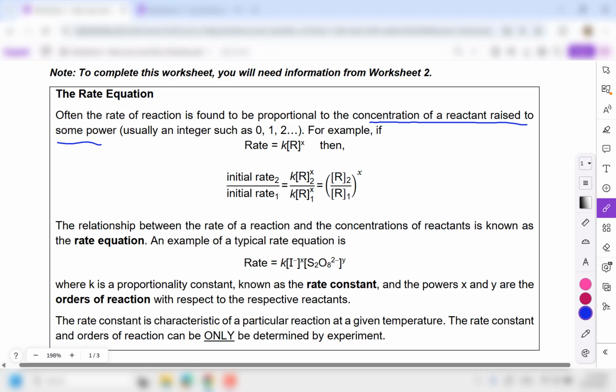They are either fractional or negative. Later on in the topic, you will notice that the order of reaction gives you insight into the mechanism, meaning stepwise what happens at a molecular level. In a lot of cases, the reaction is not as straightforward as you would perceive it to be.